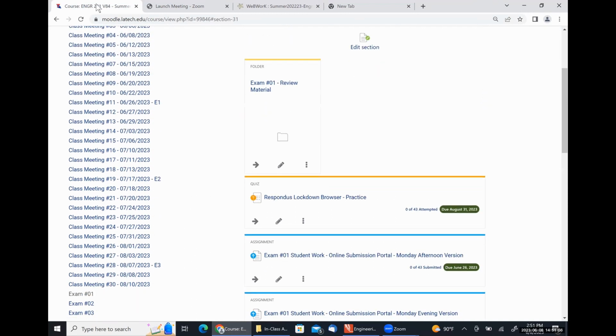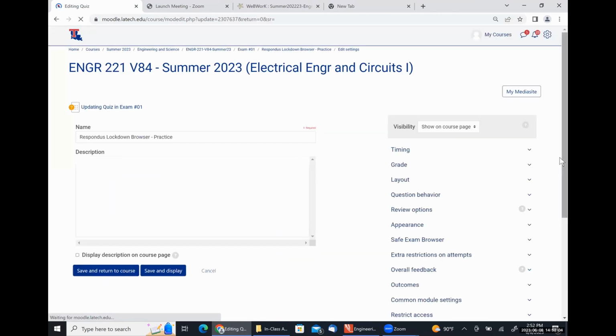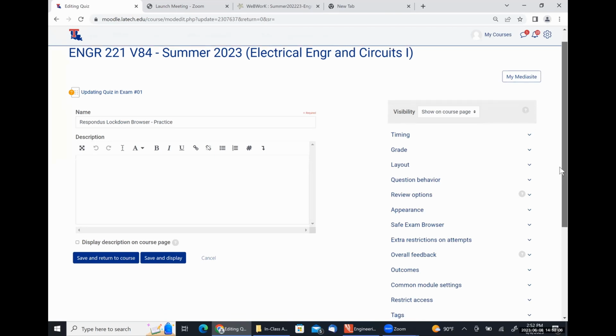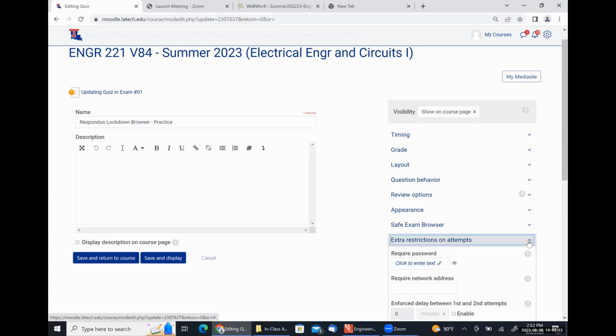So if we go to exam 1, here it is. So you want unlimited attempts to play around with it. I believe I can set that up. Restrictions on attempts.